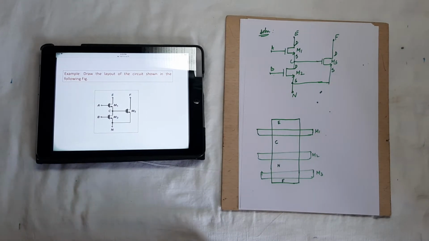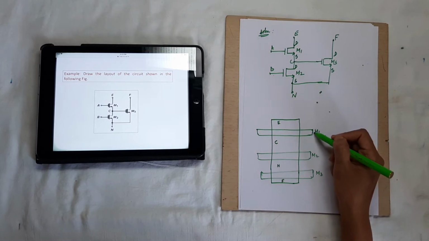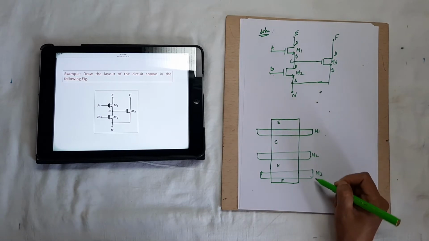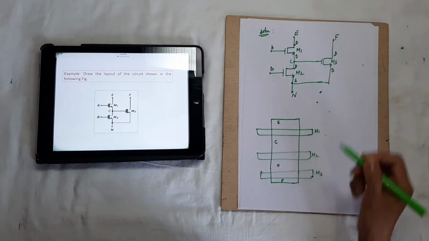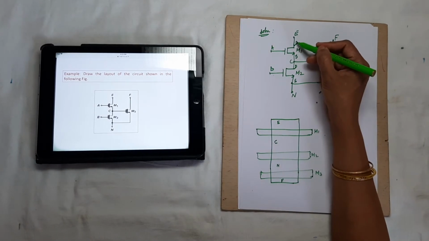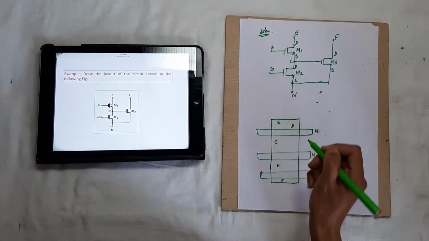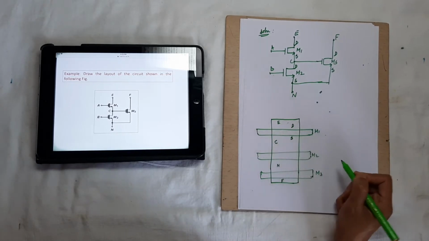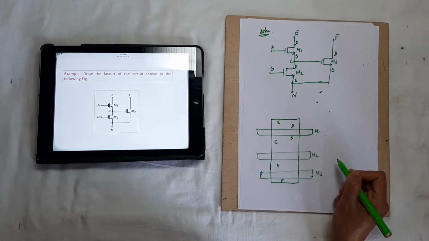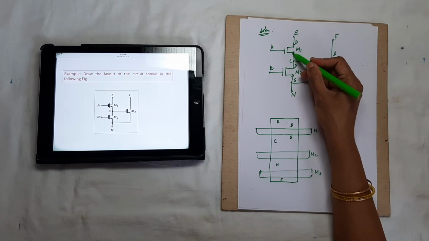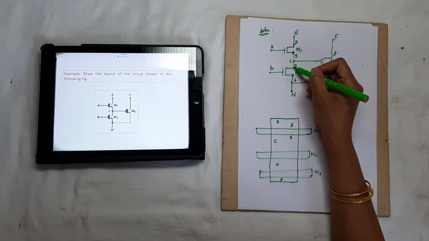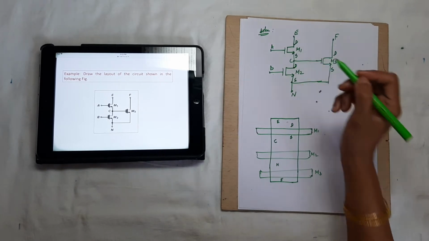Let us mark drain and the sources for each of the transistors. This is M1 transistor, this is M2 transistor, and this is M3 transistor. So let us start from this point. This indicates the drain of the M1 transistor, this indicates the source of the M1 transistor. Next, source of M1 transistor is to be shorted with drain of M2 transistor.